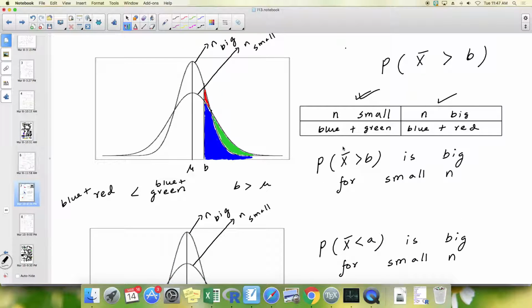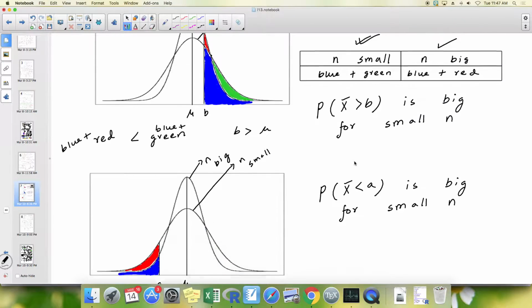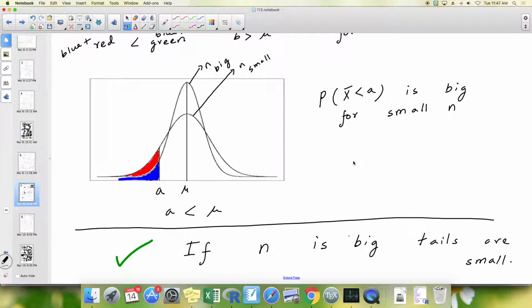So by shifting the position of b, we have changed nothing. The result still holds. Of course, I can do the same thing for the left tail, but I am not, because the left tail and the right tail are mirror images of each other.